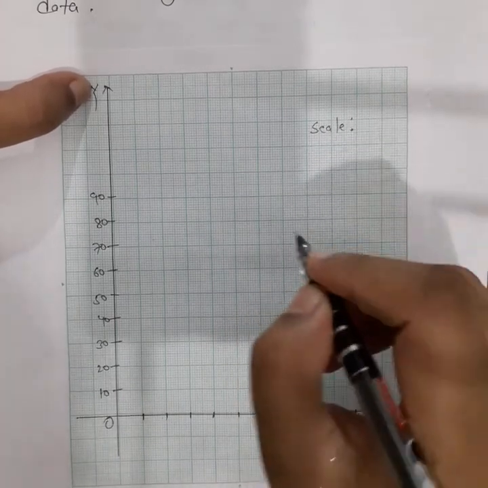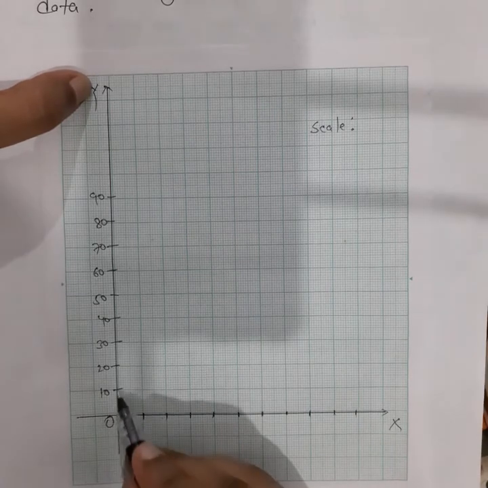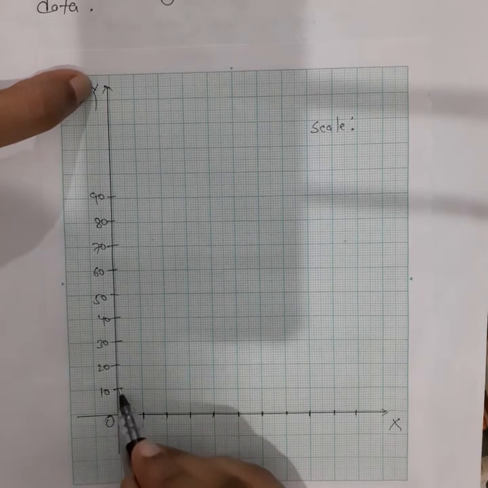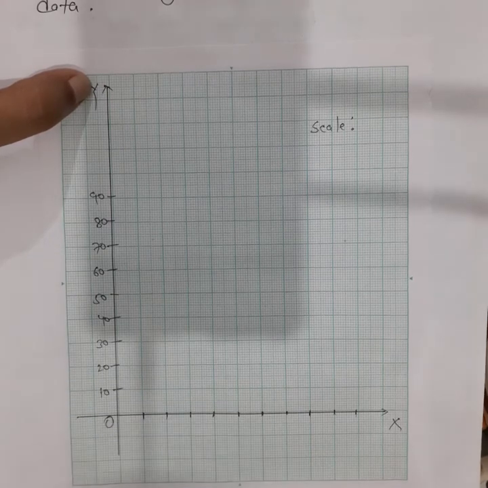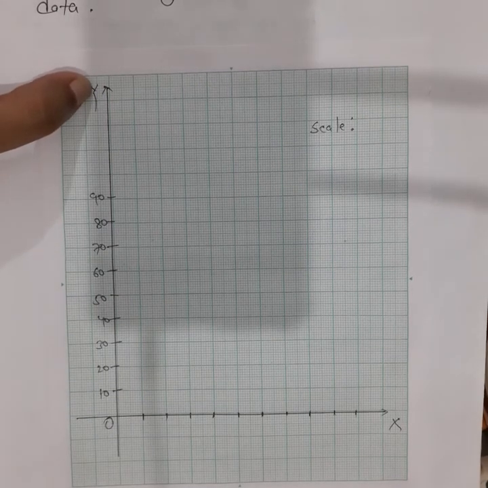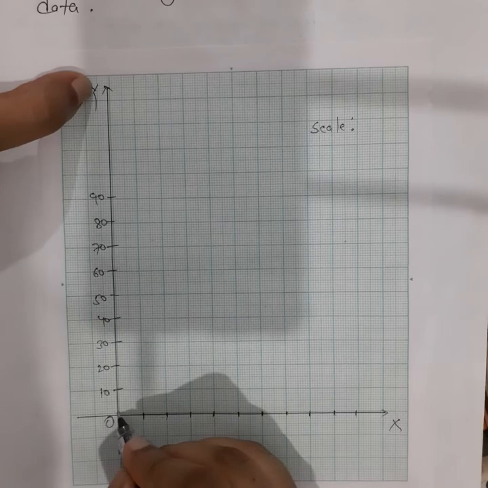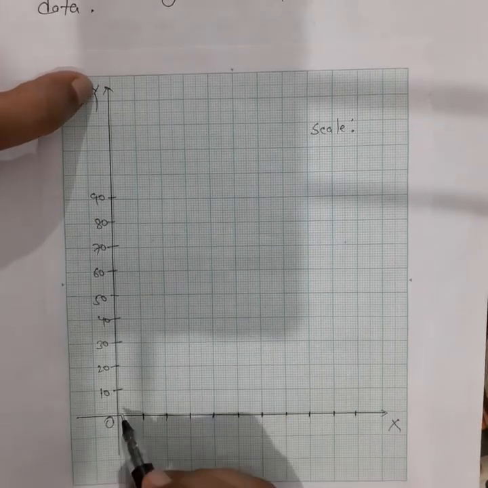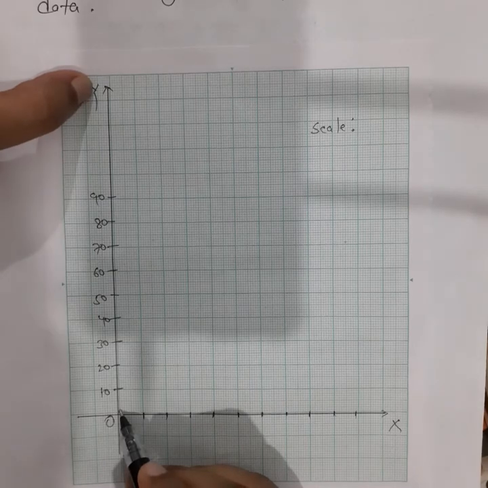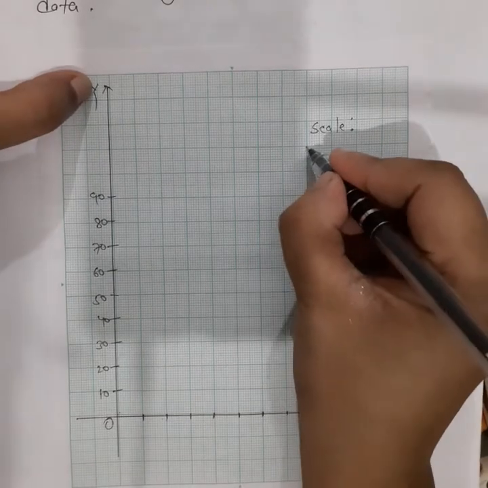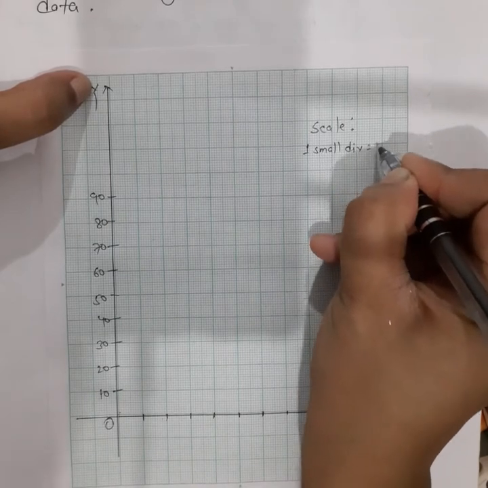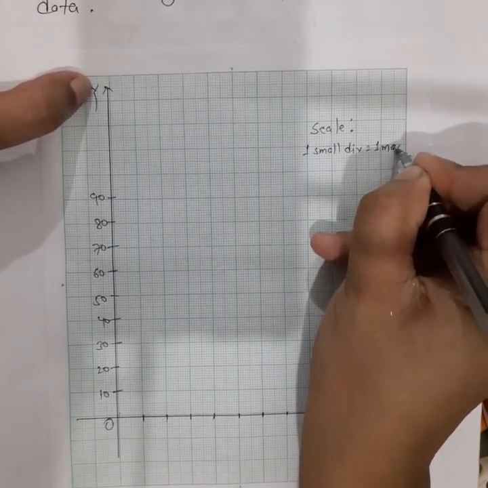And what is the scale? 1 unit represents 10 marks. You can write 1 unit represents 10 marks, or you can write 1 unit is divided into 10 equal parts. So 1 small division is equal to 1 mark.